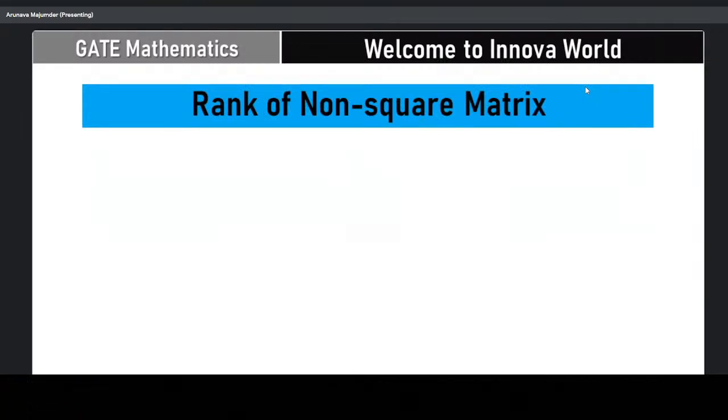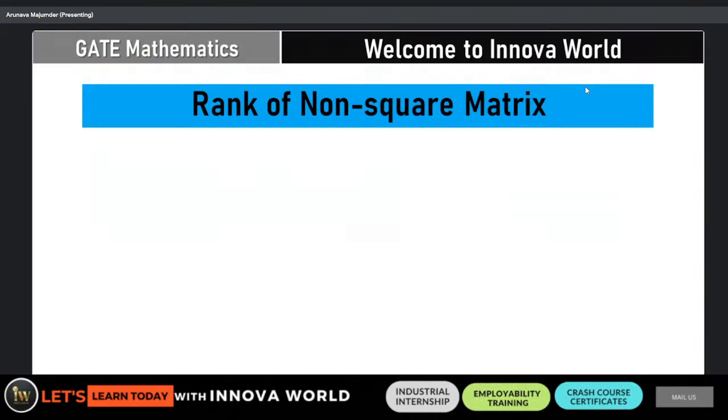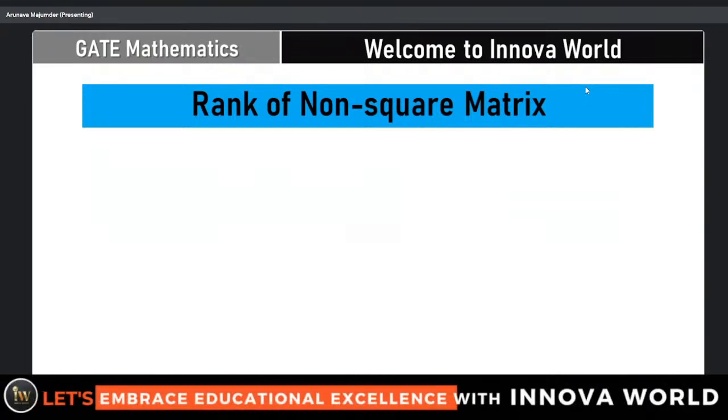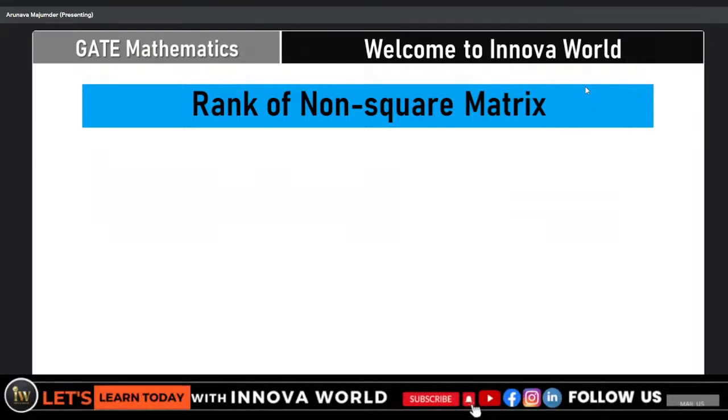First, I remind you how you can find the rank of a square matrix. I already explained it in the last lecture, but I am giving you another example.